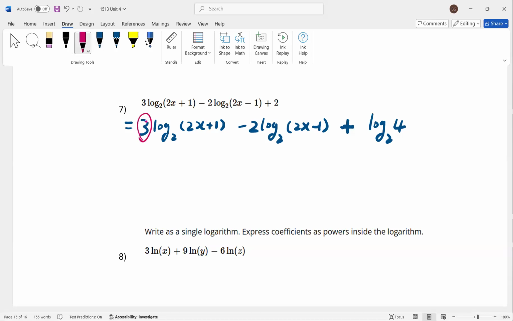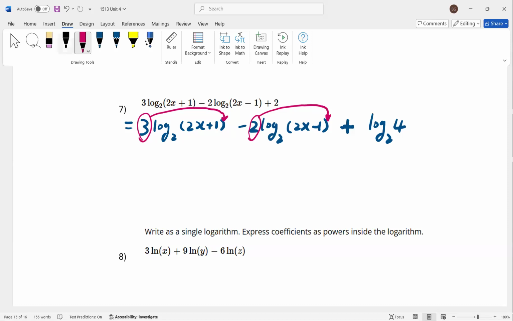We are going to apply the power rule to put a coefficient in front of the logs back inside the argument. So this 3 is going to go on the shoulder of the argument here. And for this 2, you don't want to do -2. You're going to keep the subtraction sign and only put a 2 back on the shoulder of the argument.